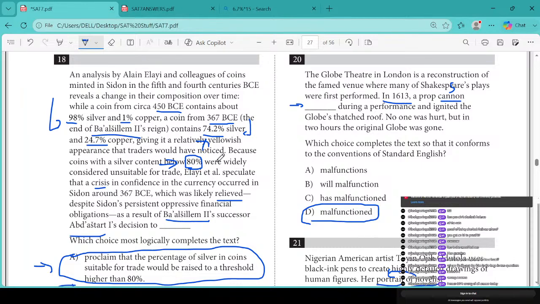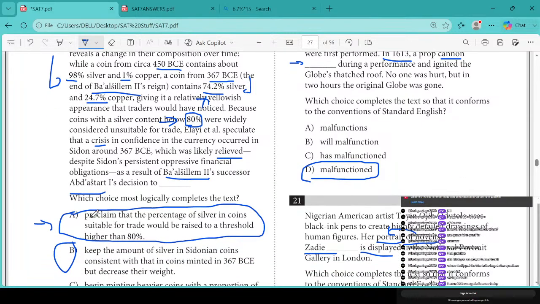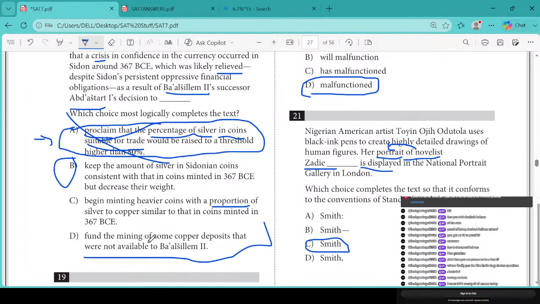Oh, yeah, it's definitely not A. You see this? It's not saying that the percentage of silver in coins is going to be raised. It is setting a higher standard for the trade. So it's definitely not A.